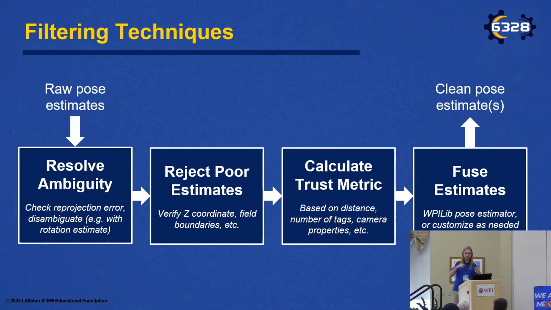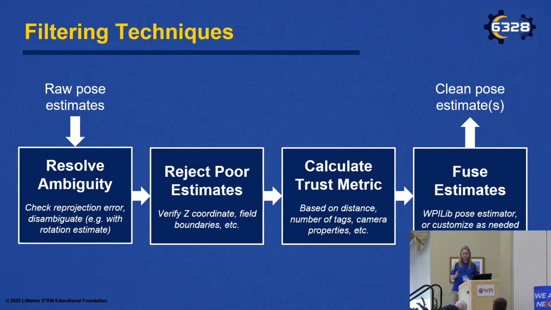Each of the estimates that we're capturing from our cameras, we need to calculate that metric separately though. So we include metrics like the distance to the tags, or in our case specifically the square of the distance, looking at the number of tags, and properties of the camera. For example, zoomed cameras tend to be less noisy because the tags are bigger in frame. And finally, we have all of these estimates with trust metrics. We can fuse them all together.